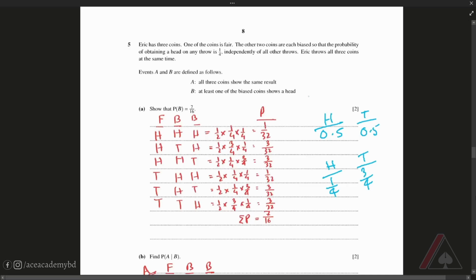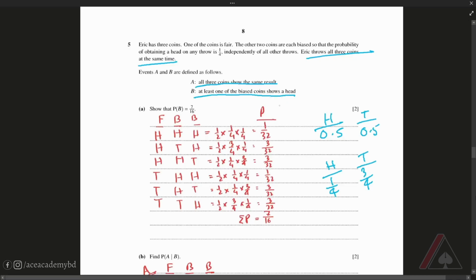So Eric throws all 3 coins at the same time, and we're given the events A and B. A is that all 3 coins show the same result, and B is that at least one of the coins shows a head.